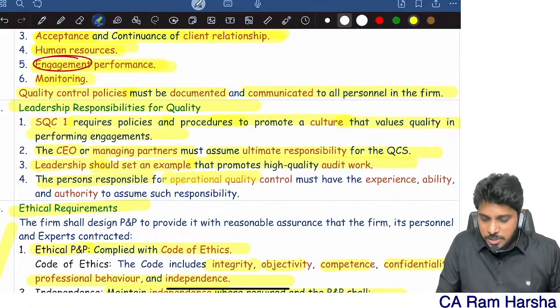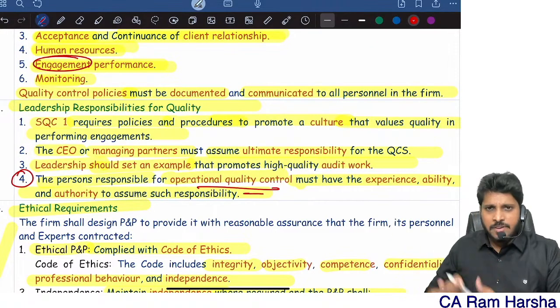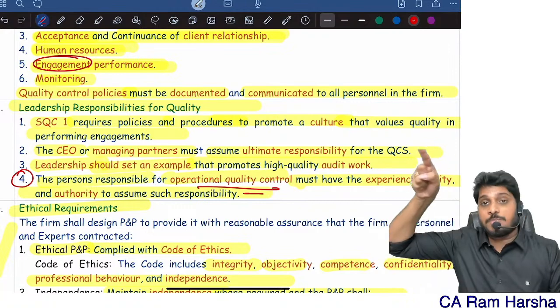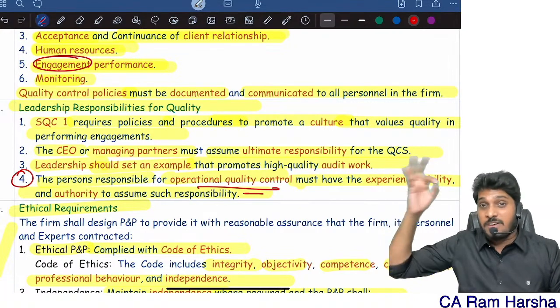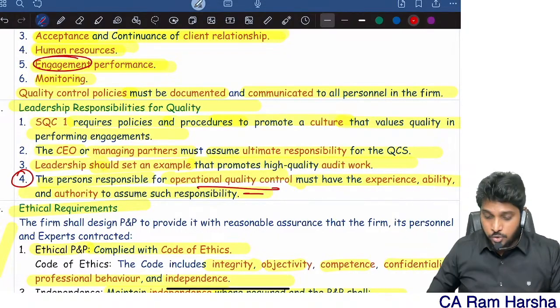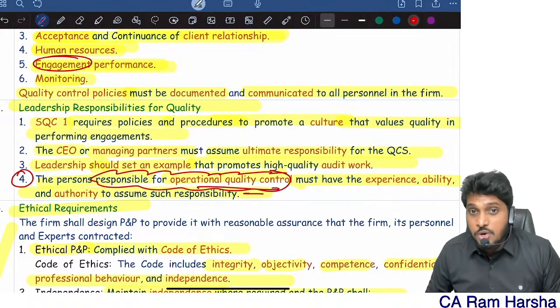The persons responsible for operational quality control must have experience. You know what is meant by operational quality control? Inside the firm, one or two partners will be given the responsibility of developing policies and procedures. Those people are called the firm's persons responsible for operational quality control.